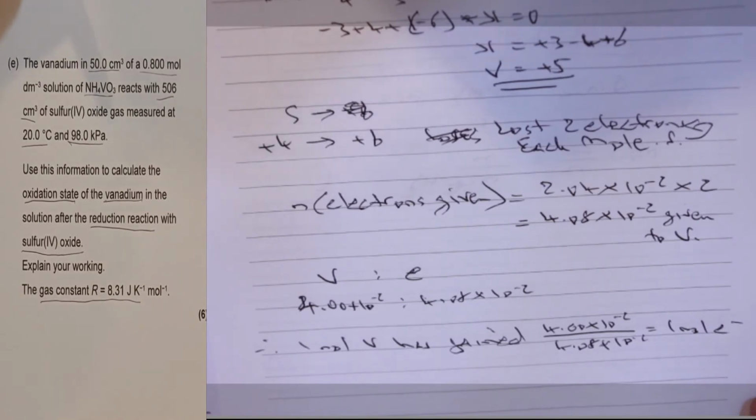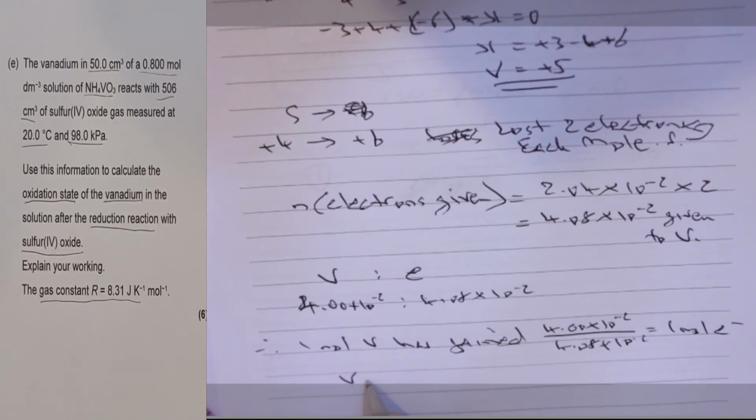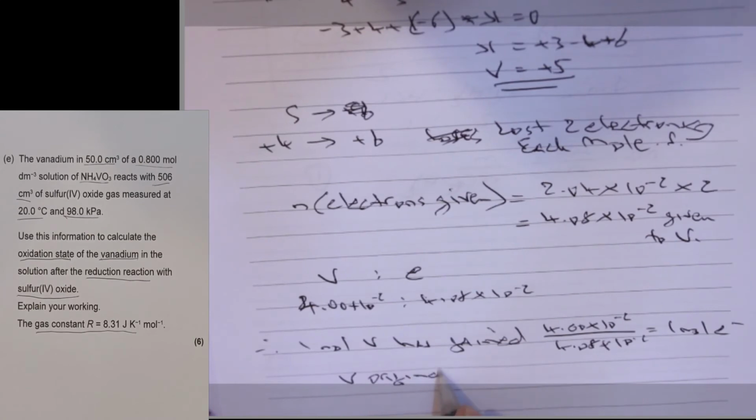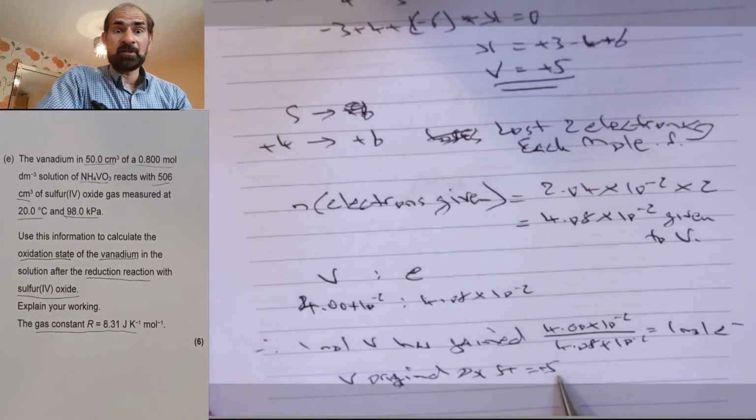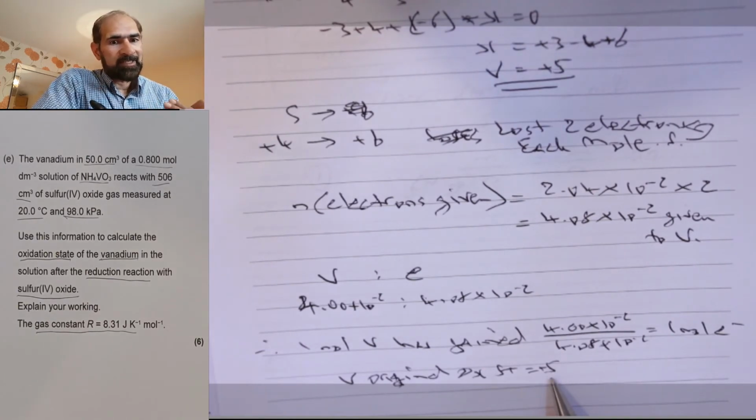So therefore, if the oxidation state of vanadium was originally plus 5, the new one, because each one of them has gained an electron, is lower. Now don't make the mistake of saying, oh, plus 5 is taking an electron, therefore it's become plus 6.